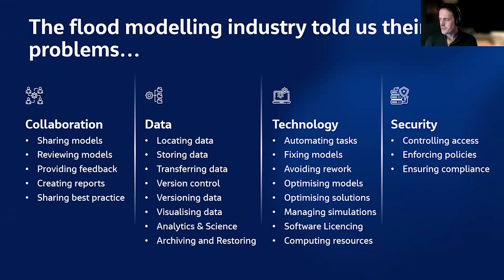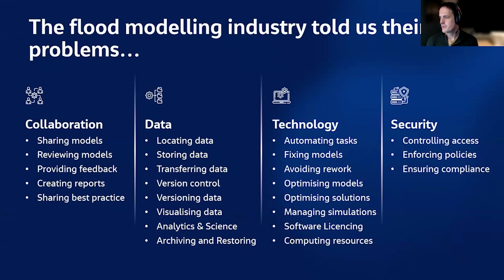Technology is a fairly broad term, but it covers a large number of areas. The tools we've got available to us, particularly the automation tools, have expanded massively over the last 5 to 10 years. And I think many of us can see how they could be used to make our work easier. But the challenge is bringing them to bear. We often have unstructured data. We have different ways of working between each organization and between different modeling packages.